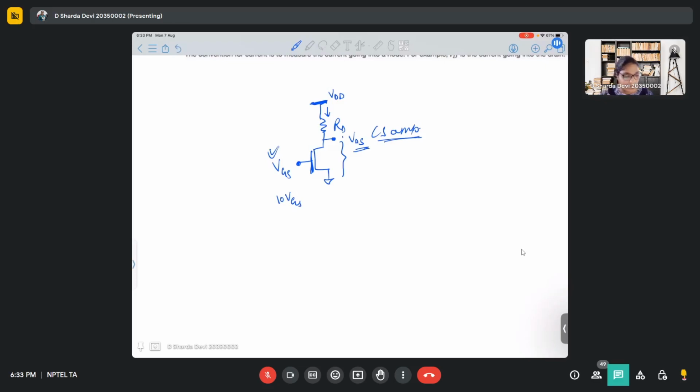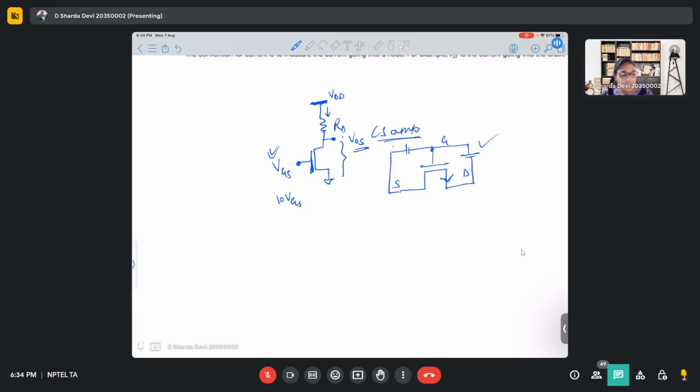But if you are in a lab and simply trying to observe your MOSFET characteristics, you can apply some VGS with a battery and some VDS with a battery, and you will still get characteristics, right?